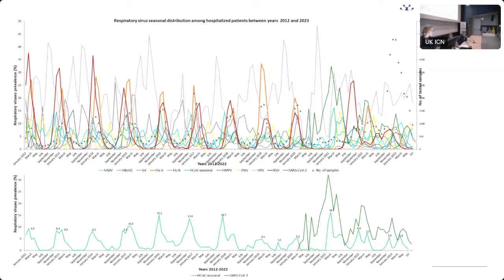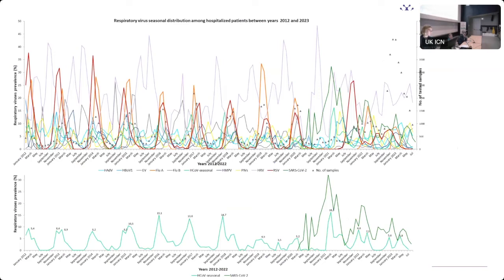And here in this figure, you can see the distribution of all respiratory viruses over a very long period, from January 2012 to July 2023. On the left axis, you can see respiratory virus prevalence, and on the right side, the total number of all samples that were sent to our laboratory for routine diagnostic for respiratory viruses.